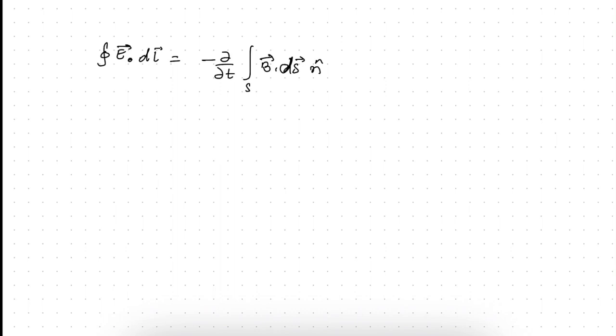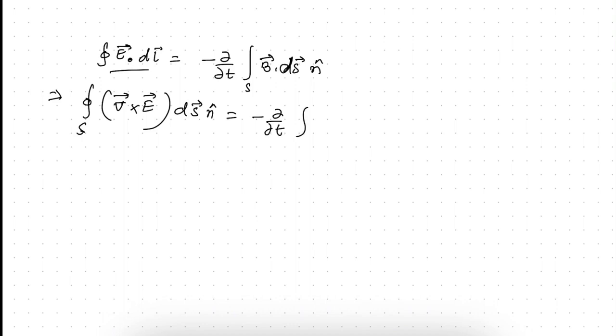So in order to convert the line integral to surface integral, on the left hand side we're gonna convert this line integral to surface integral using the Stokes theorem, that is curl of E. Now it has become surface integral, right? dS.